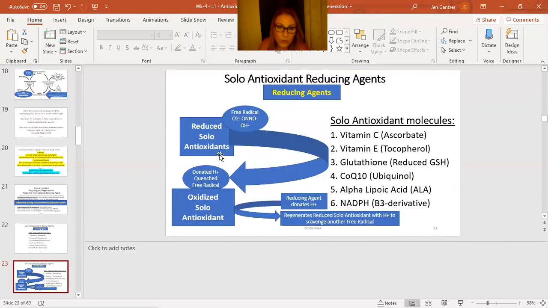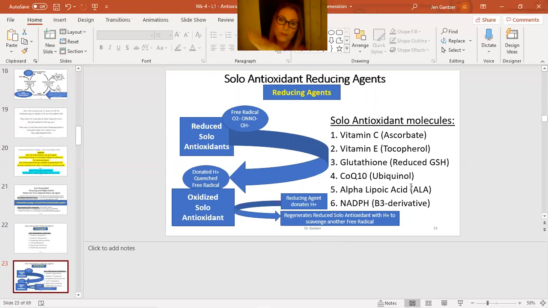So once our solo reducing antioxidants, the 6 we are learning here, donate their hydrogen atom, they get oxidized because they donated it, they quenched it, right? So then they have to be regenerated by another local reducing agent, which can then turn around, and these can all donate to each other in different systems.